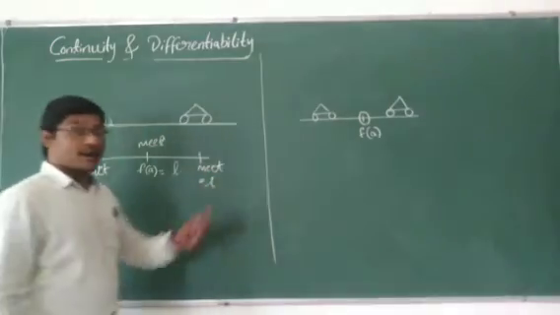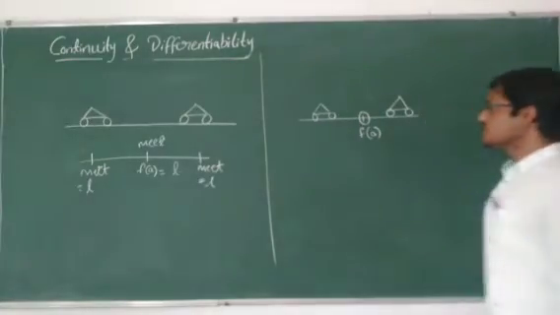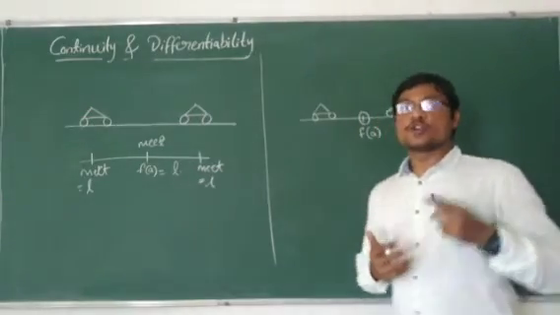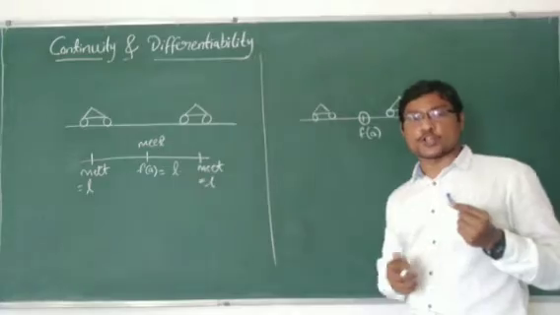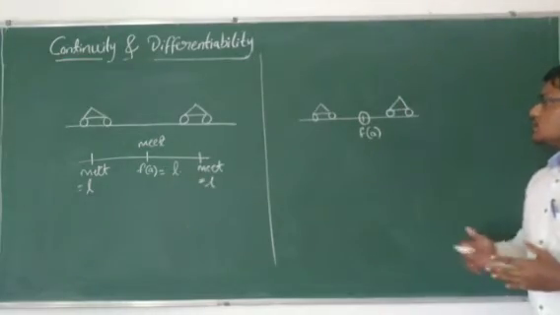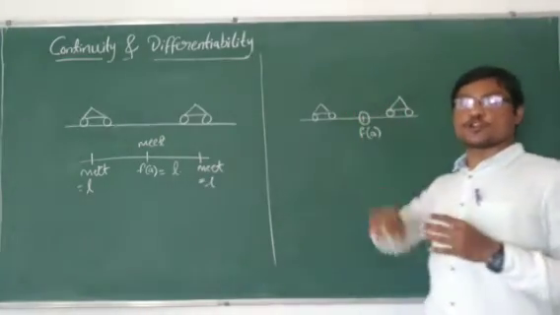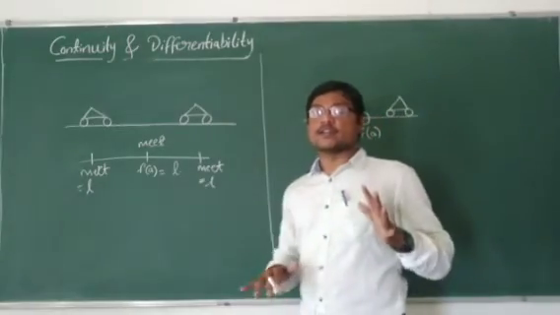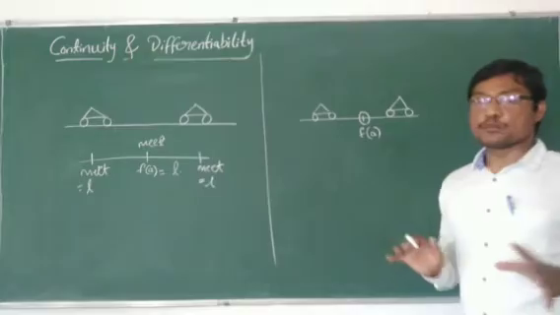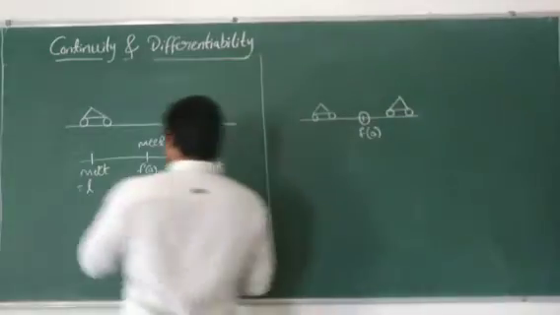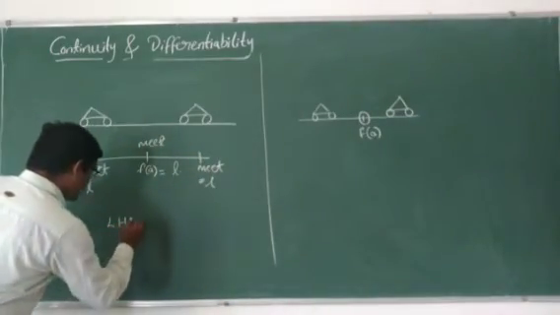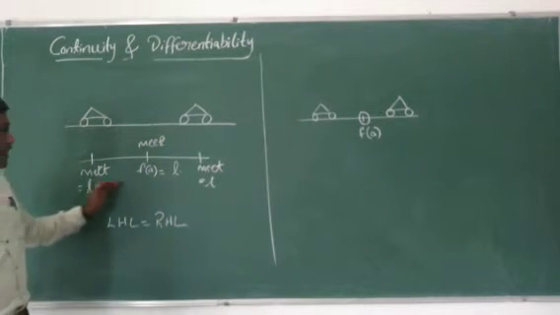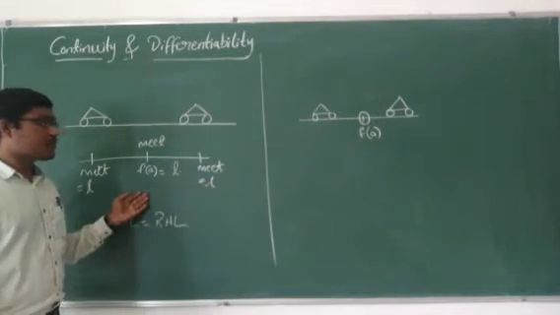But here, before moving randomly, you need to fix one destination point. When you fix the destination point, you both should arrive at that point only. Only then it is called continuity. Okay, this is a simple analogy. Here left hand limit is equal to right hand limit. You are moving from this side, you are moving from this side.